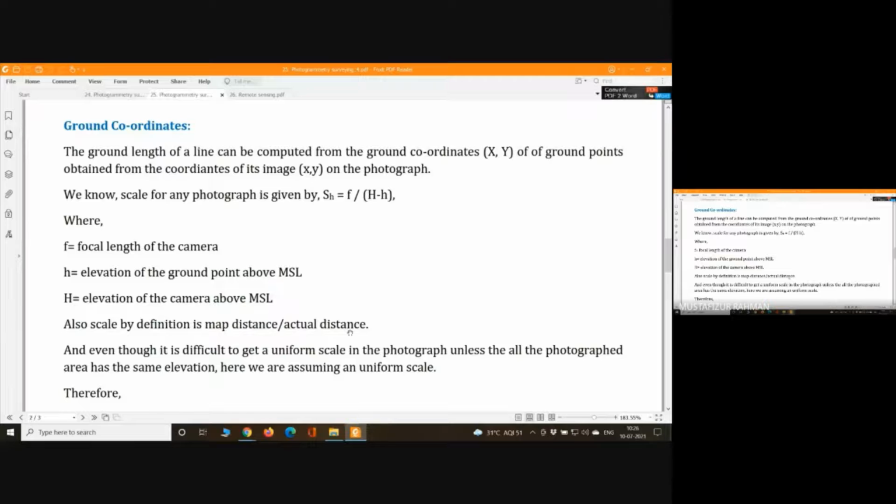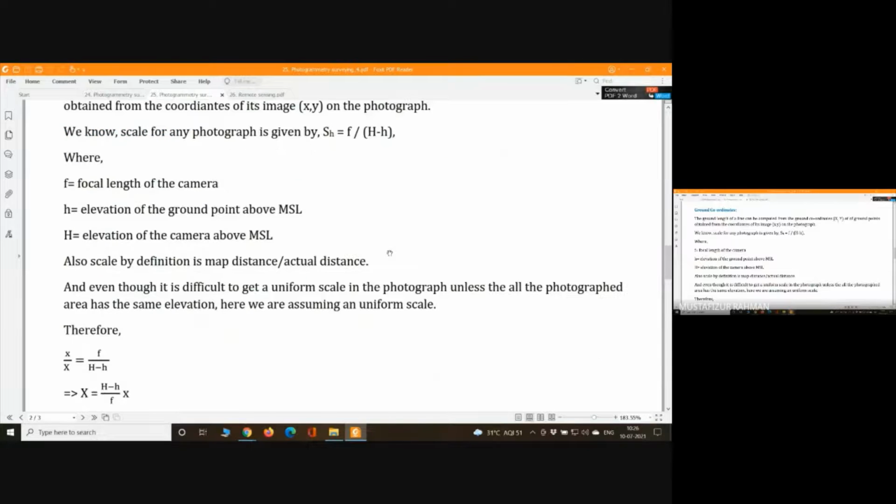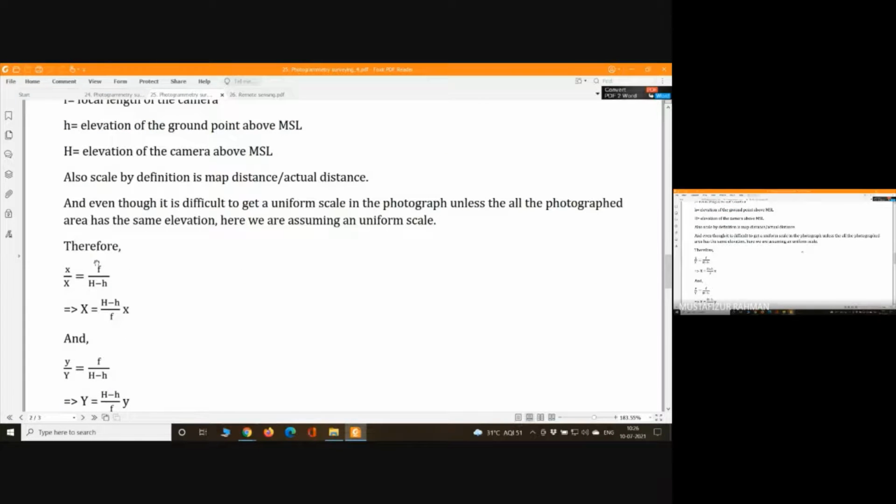And then we can correspond that distance between 2 points in the photograph to the original distance, right? That way we can find out the actual distance in the field. So if we assign coordinates in the image small x, small y, and in the real ground capital X, capital Y, what will happen?